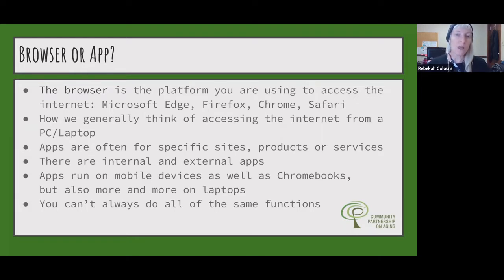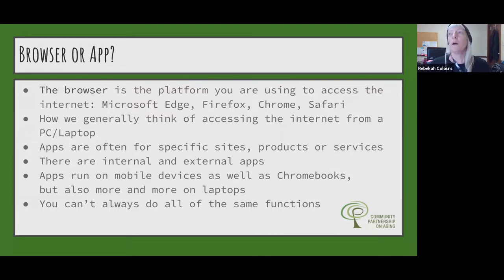And what you'll find when you are sort of doing one thing on your computer and another thing on your phone, you'll find that when you're trying to go to the same place, it doesn't always look the same, and you might not always have all of the same functions.